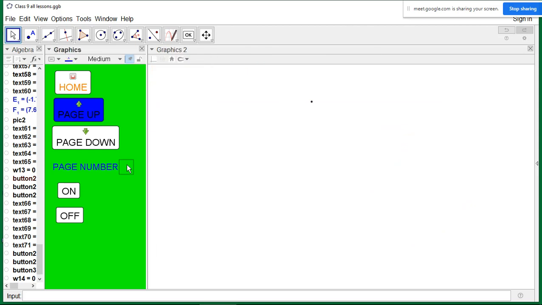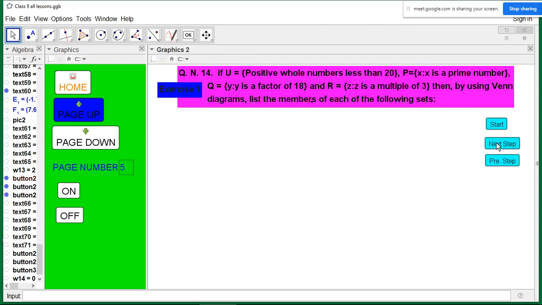Here is the question. The universal set is positive numbers less than 20. Set P is the prime numbers. It is understood that if the universal set is less than 20, then prime numbers means within that universal set, because all the sets are subsets of that particular set, as we have already discussed in previous classes.